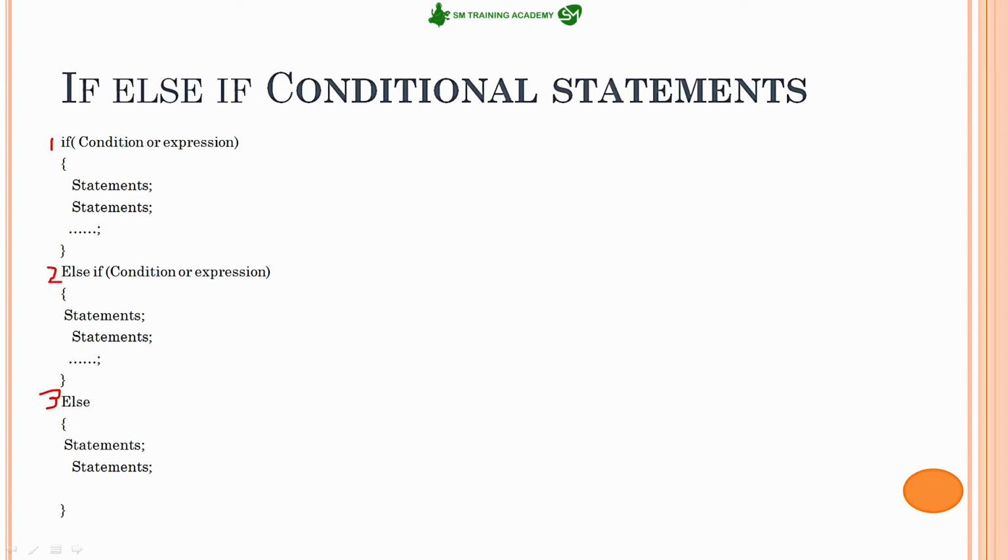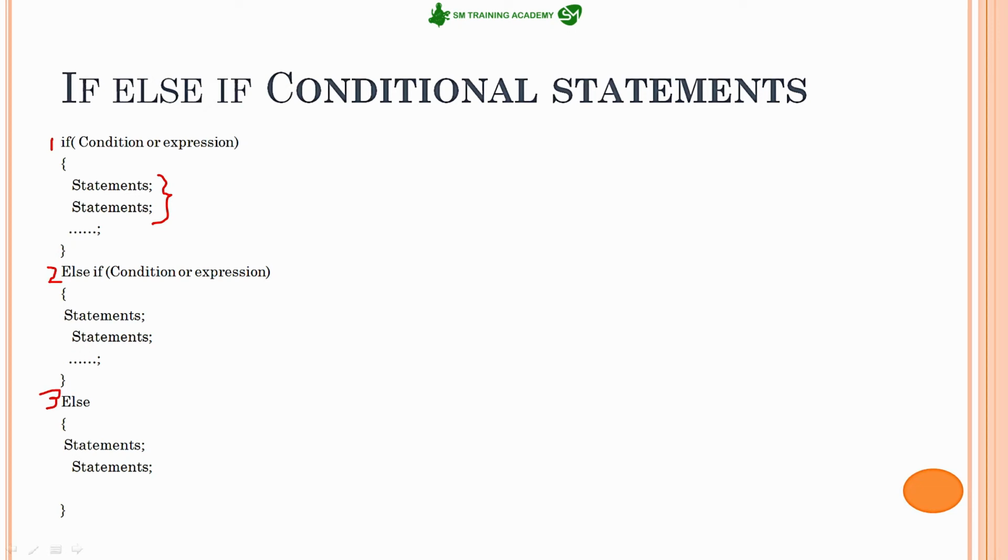and we have the else part as the third, optional statement. The program flow comes to the first line and checks condition number 1 inside the if, and if it is true, it will execute the block of code inside this if condition, and it will skip all the rest of the statements because one condition is satisfied.